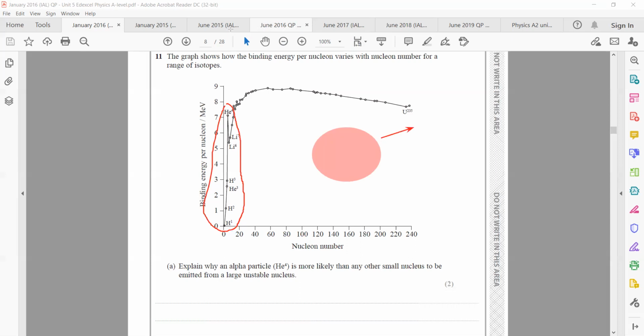So most likely it will give out helium 4, He. Why? Because it has the highest binding energy per nucleon on the lighter side. When you compare the elements which are given to you, it has the highest binding energy per nucleon on the lighter side. So it will be more stable. That's why it is emitted from the nucleus.